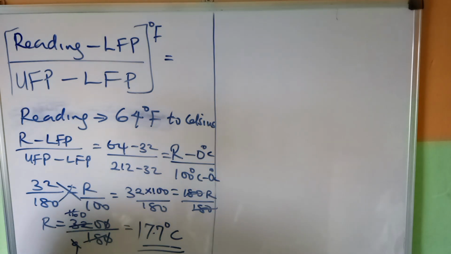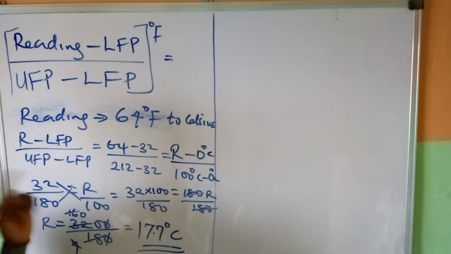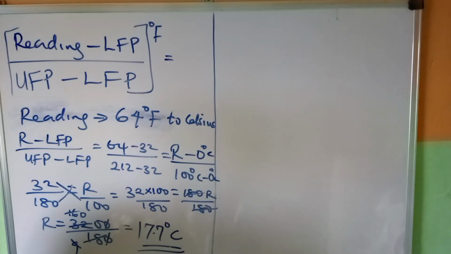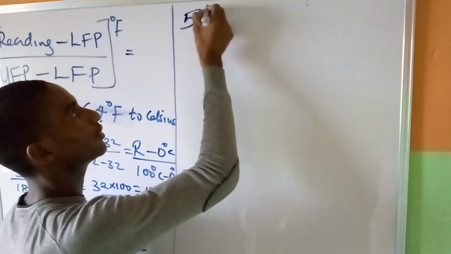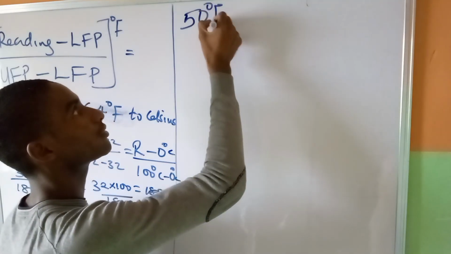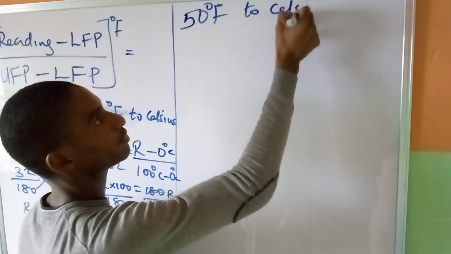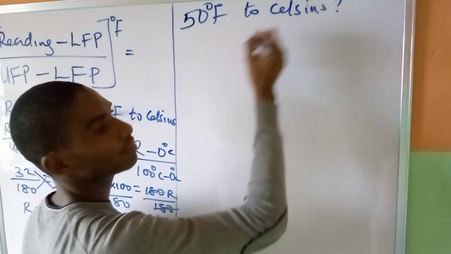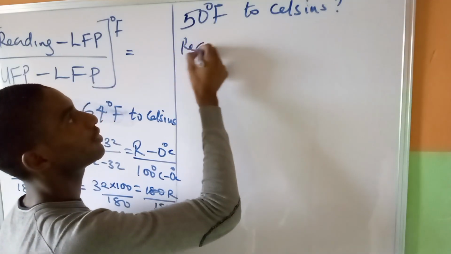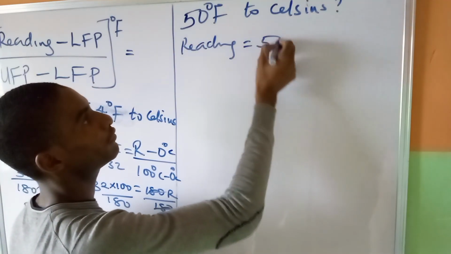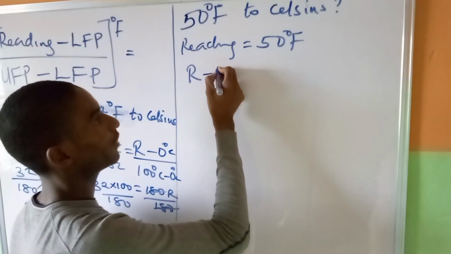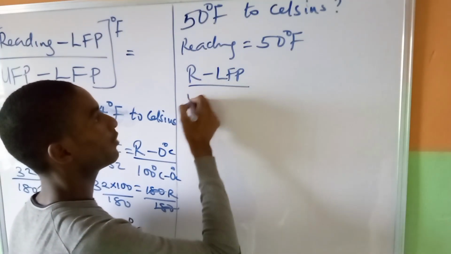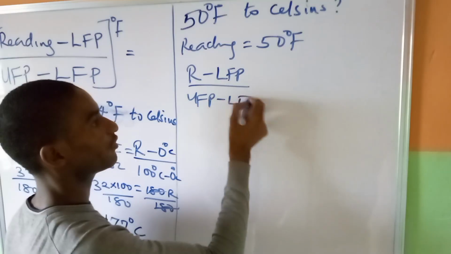So let's do one more example. Convert 50 degrees Fahrenheit to Celsius. So what do I need to do? Very simple. My reading is equal to 50 degrees Fahrenheit. So I will just say my reading minus my LFP over my UFP minus LFP.